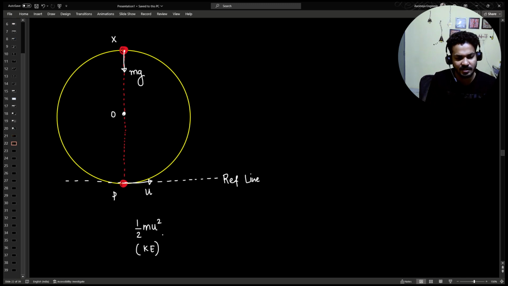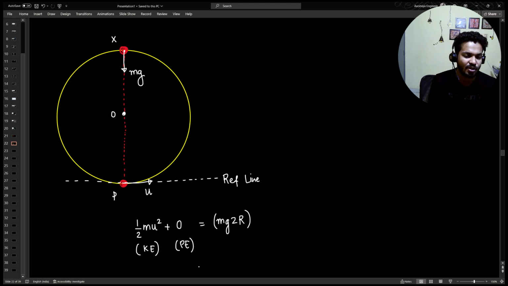So you're going to say, sir, kinetic energy plus potential energy, which is 0 at the bottom, will be equal to the potential energy at that height, which is nothing but mg into 2r. Then from this calculation you're going to get u equals root 4 g r.